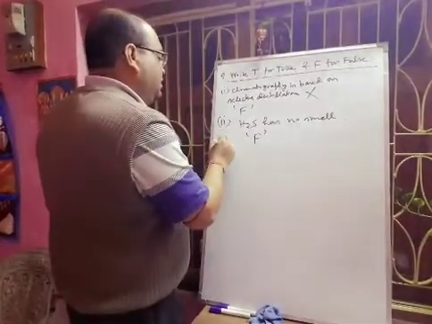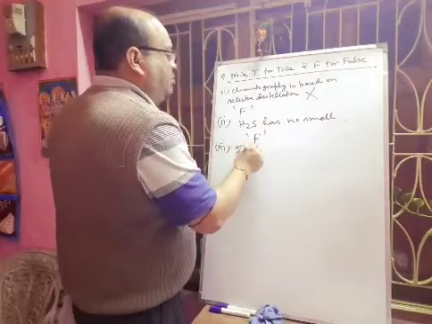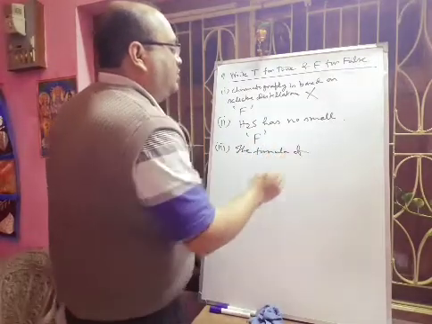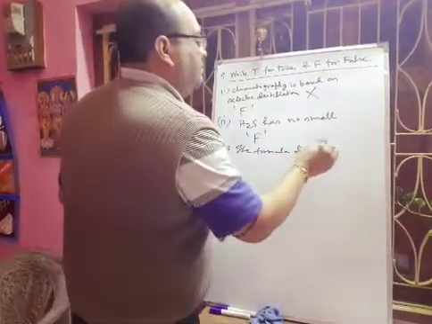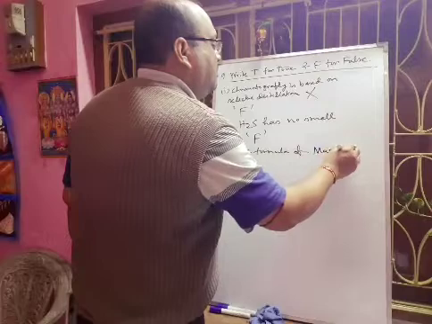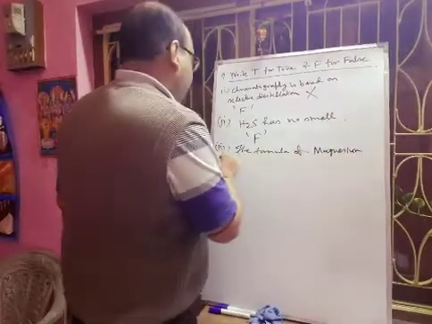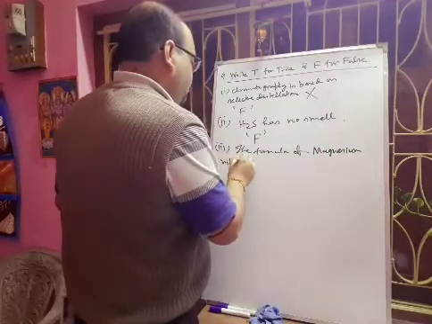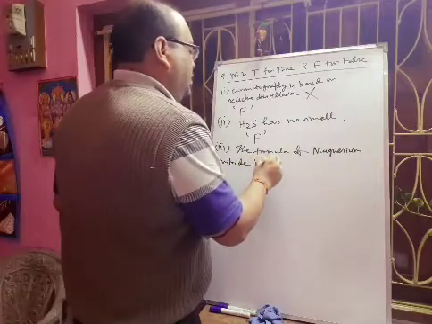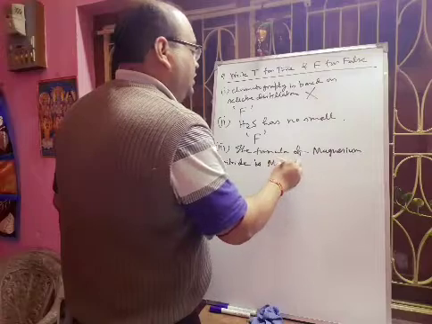Next is given: the formula of magnesium nitride is Mg2N3.